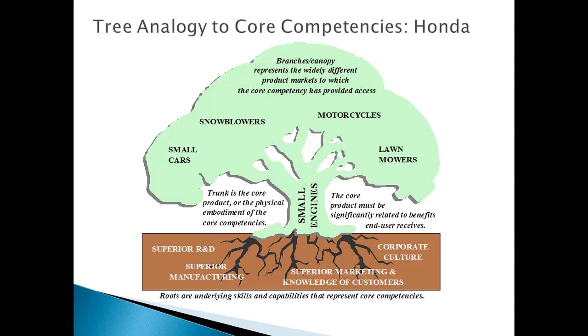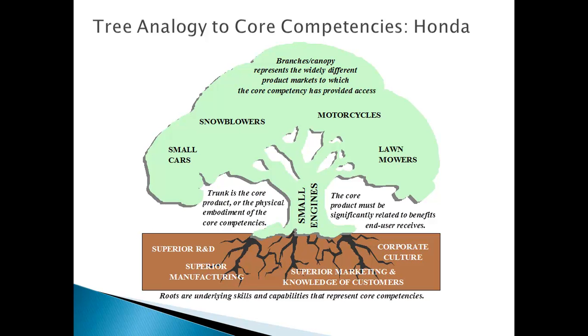One of the most famous articles in the Harvard Business Review is by C.K. Prahalad and Gary Hamel, and it deals with how to understand these core capabilities and competencies that lead to success over time, to sustainable competitive advantage. And their example from the article deals with Honda Motor Company.